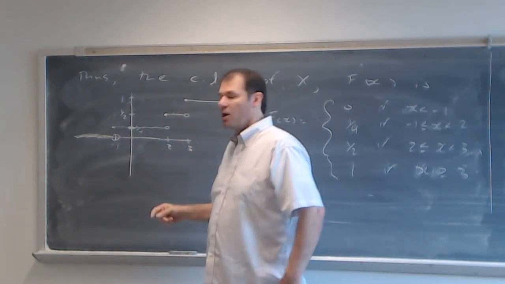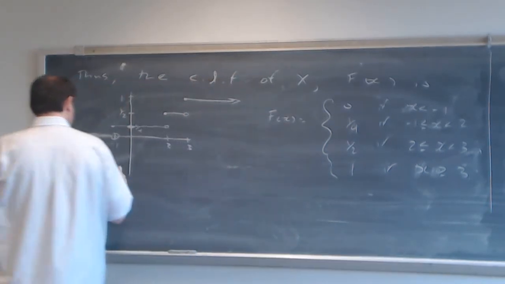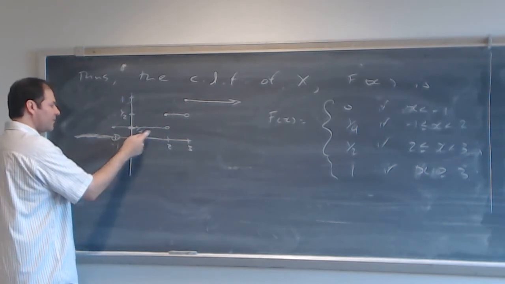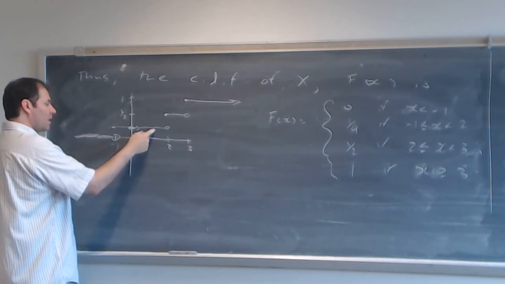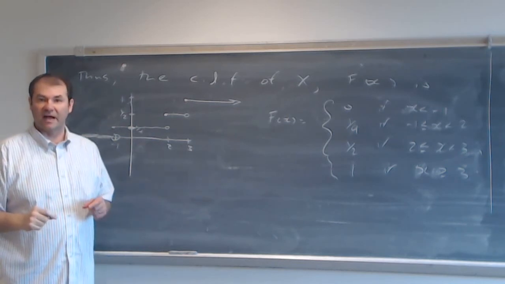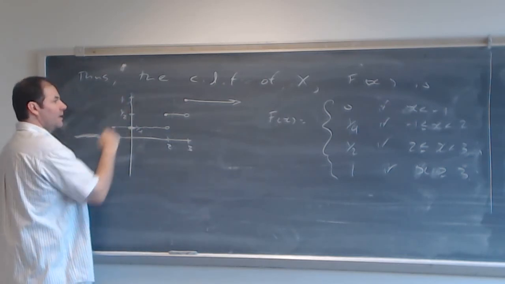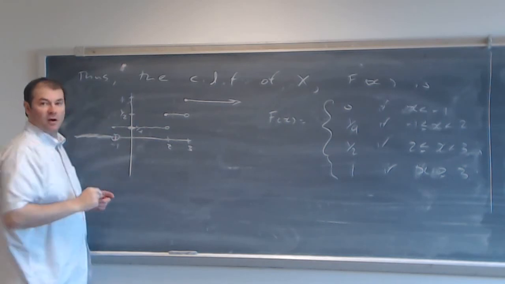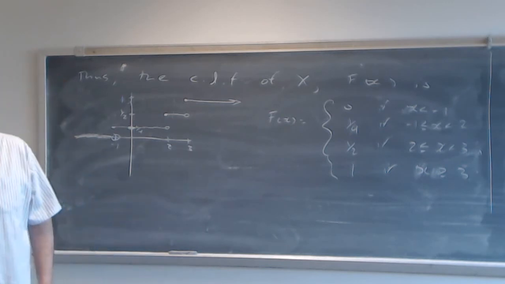What we mean by right continuous, which is the last part of the characteristics I'll talk about, is that if you come in to the right of a point, so let's say minus 1, the limit from the right equals the function value at that point. So if I come in from the right, the limit of big F of x, as I come into the right of minus 1, is 1/4, and F of minus 1 is 1/4. So that's what we mean by right continuous.